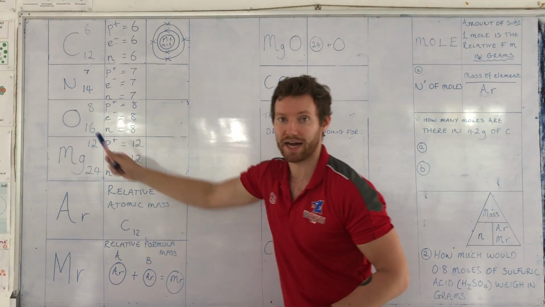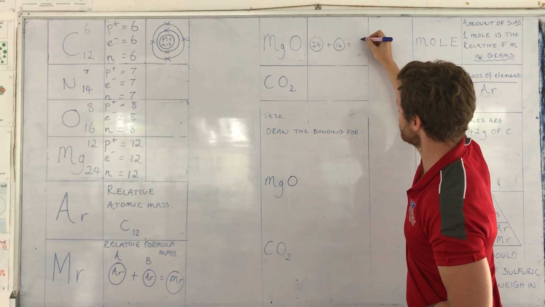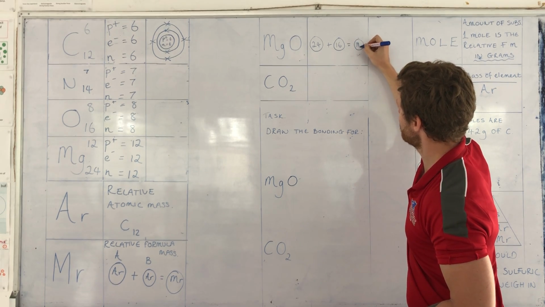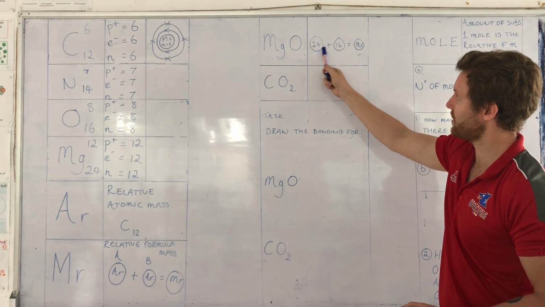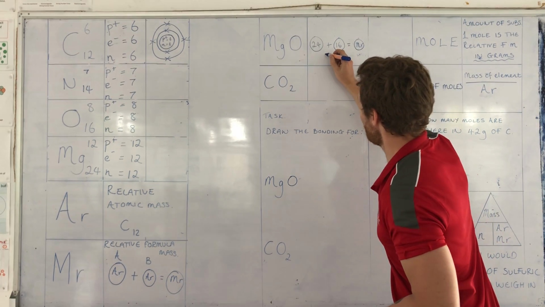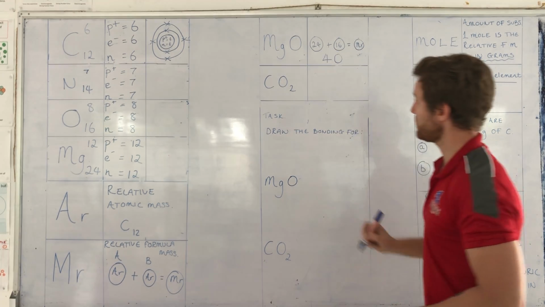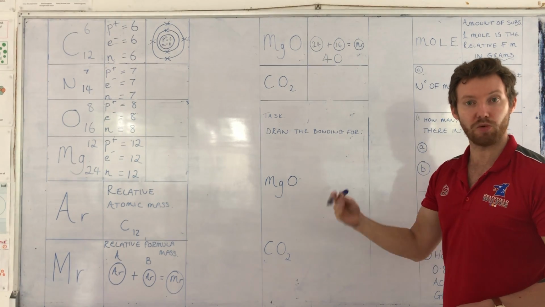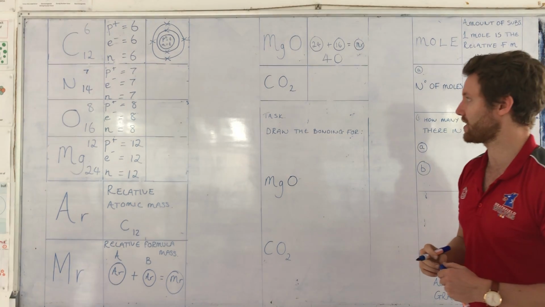Let's take this, our AR of oxygen, 16, and that is going to give us our MR. And what is our MR? 24 plus 16. Perfect, that is giving us our MR for magnesium oxide of 40. Oh, nice and simple. It's only simple if we follow this simple template and take our time.